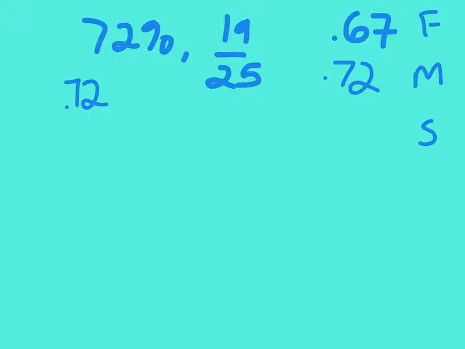And now we just need to take our sister's score, which is 19 over 25, and we need to change it into a decimal. And I can do that by doing 19 divided by 25. Now 25 doesn't go into 19, so I need to add a decimal point and add a 0. And how many times does 25 go into 190? I think it's going to be 7.